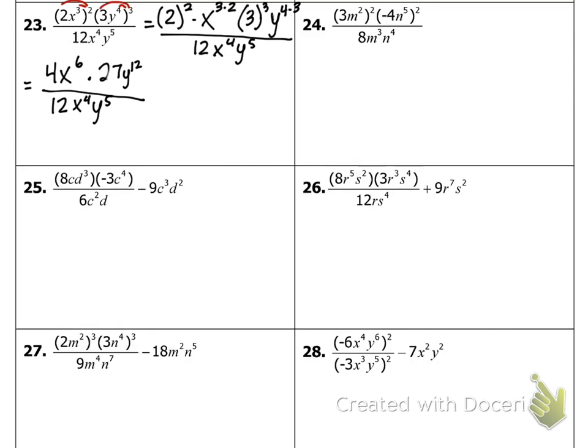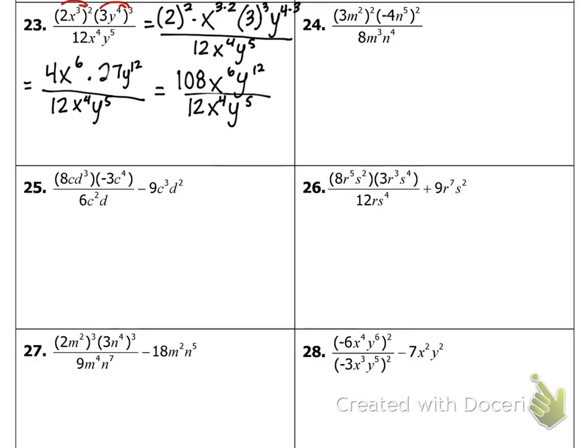Okay, so now we're going to multiply those numbers. We're going to multiply 4 times 27. So 4 times 27 is not 36. It is 108. So 108 x to the 6th y to the 12th over 12 x to the 4th y to the 5th.